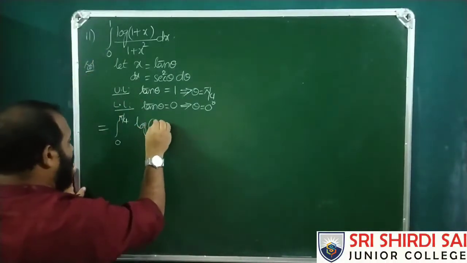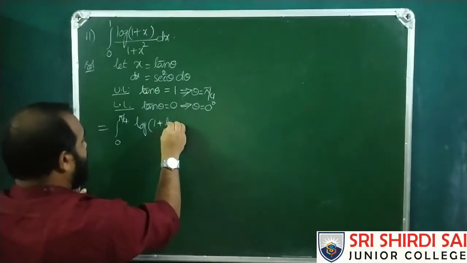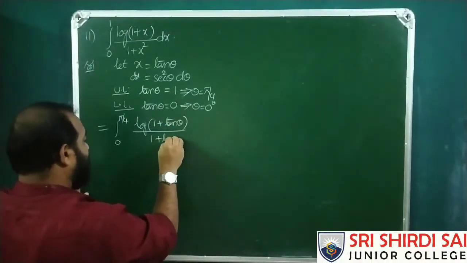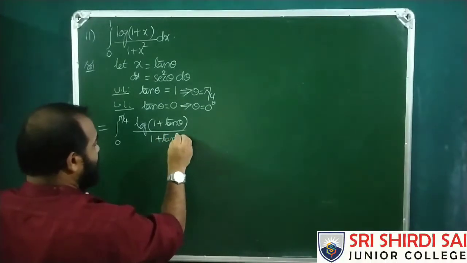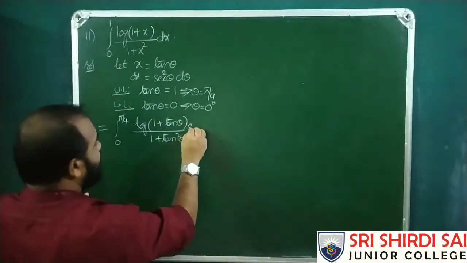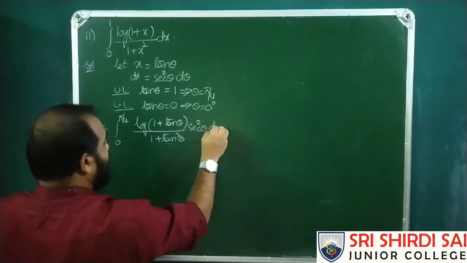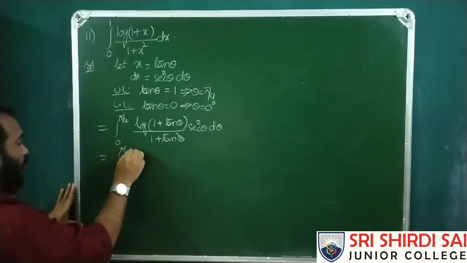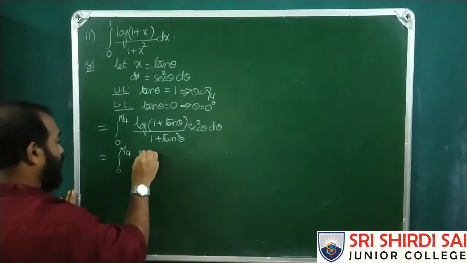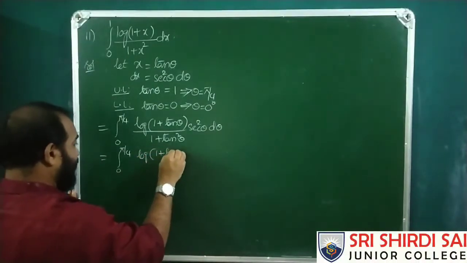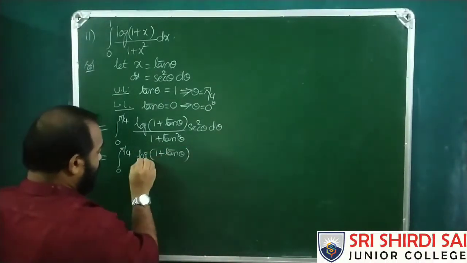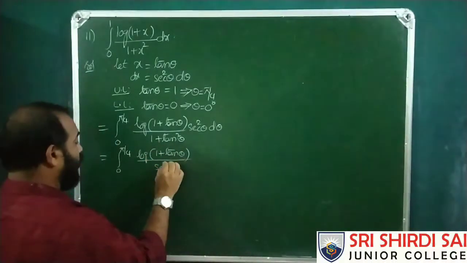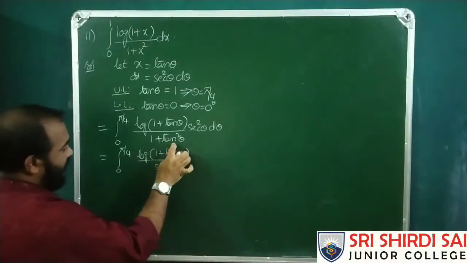Log(1 + tan theta) by 1 + tan square theta, and dx is secant square theta d theta. That is equal to integral 0 to pi by 4 log(1 + tan theta) by 1 + tan square theta, which is secant square theta, because secant square theta minus tan square theta is 1.